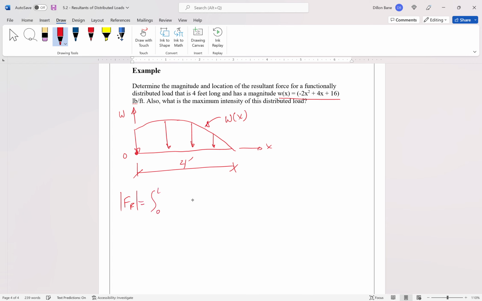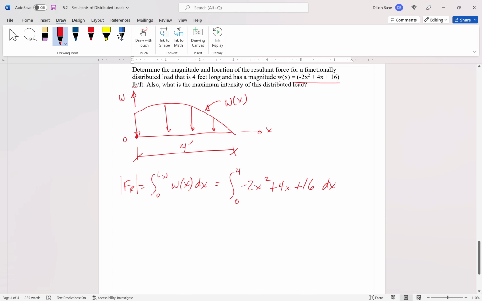So integral 0 to L sub W of W of X dx. This time our integral is 0 to L sub W. L sub W is 4, right? That's the length of the load, right? 4 feet. W of X is negative 2x squared plus 4x plus 16, dx. This is just basic Calc 2, right?